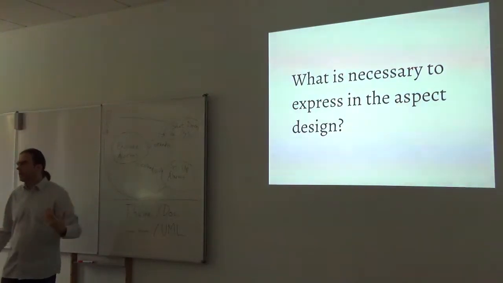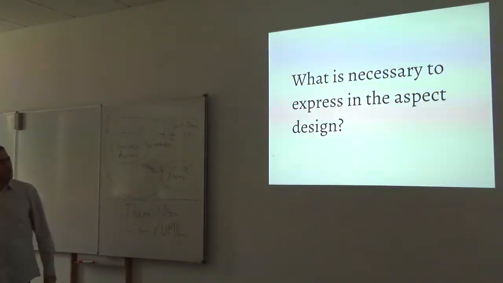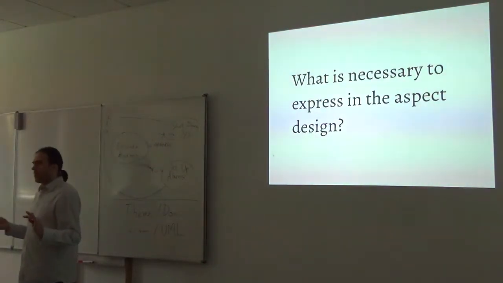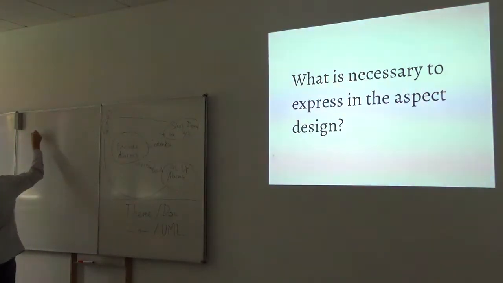Do we need anything else? One thing for sure that we need to express in the aspect design, or in any design when you design things in an object-oriented way: classes. Okay, classes. And the relations between classes.